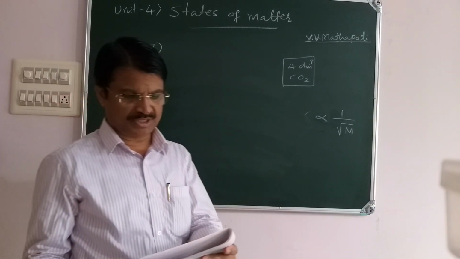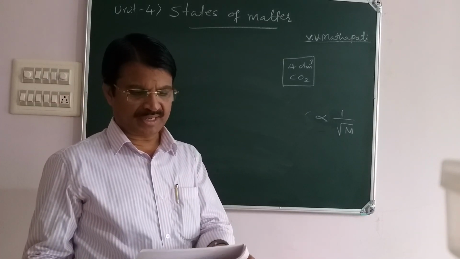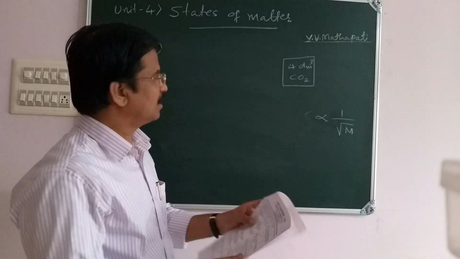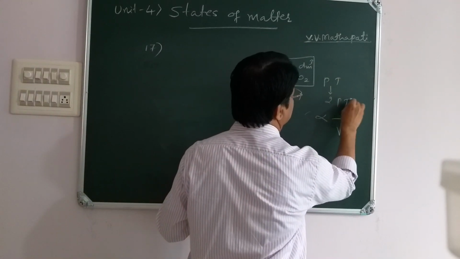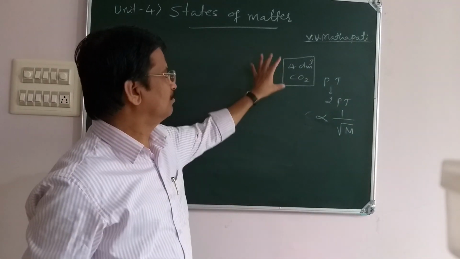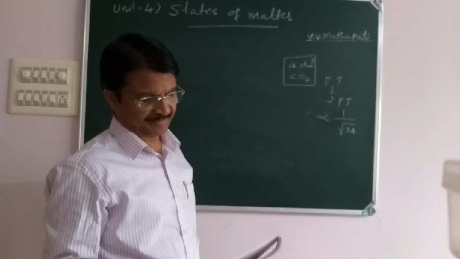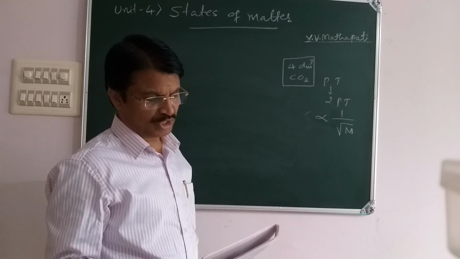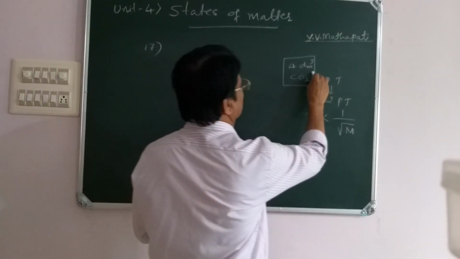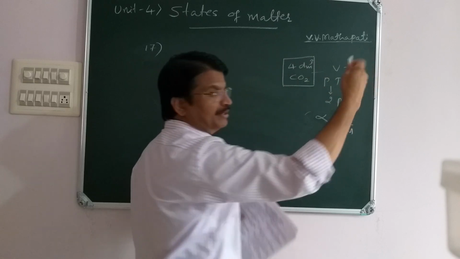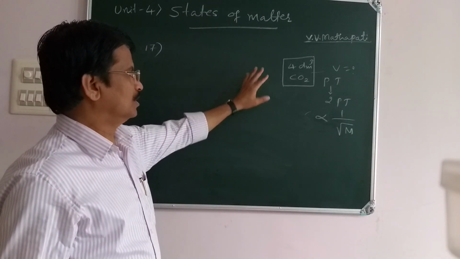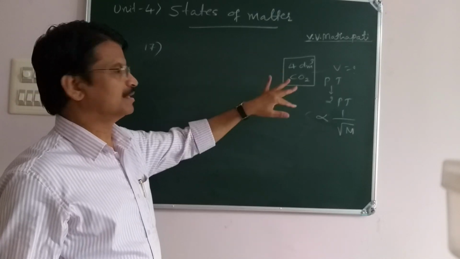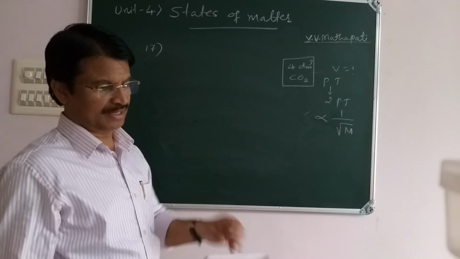Pressure and temperature of this gas are doubled, P and T are doubled. After doubling the pressure and temperature, what about the volume that they asked? Whether the 4 volume remains the same, or doubles, or reduces to half, that we can calculate.